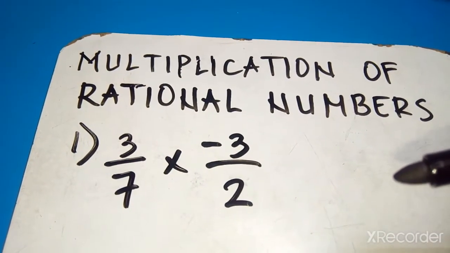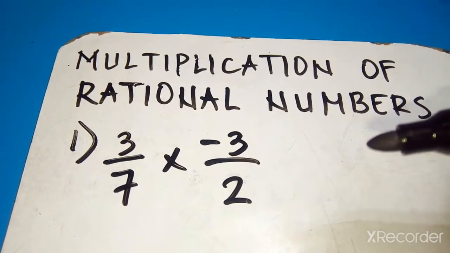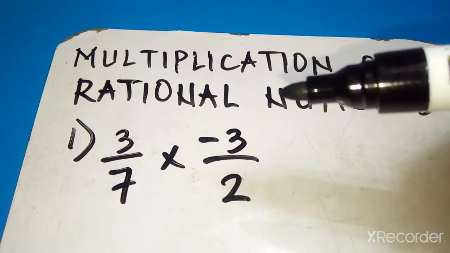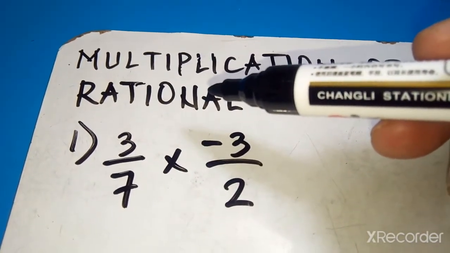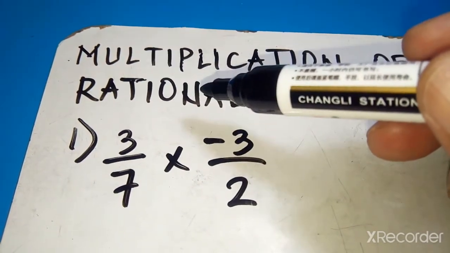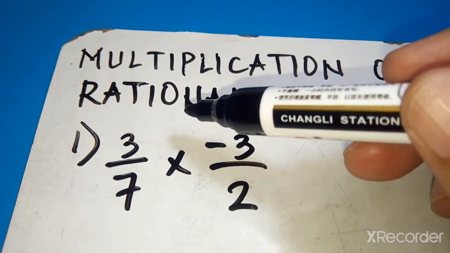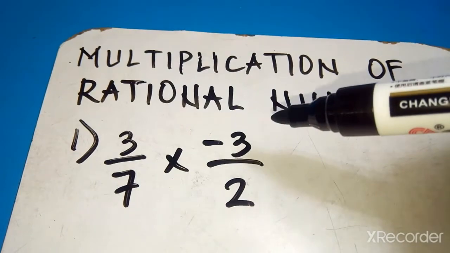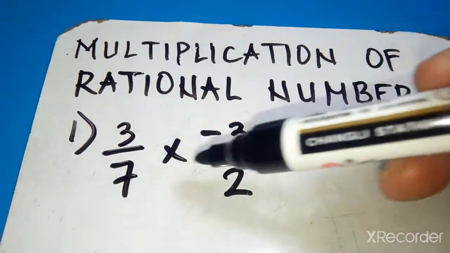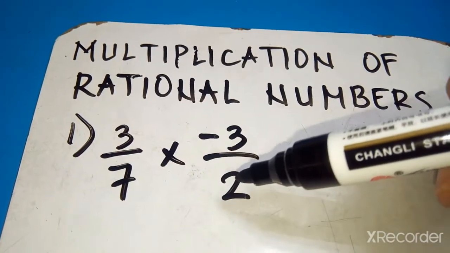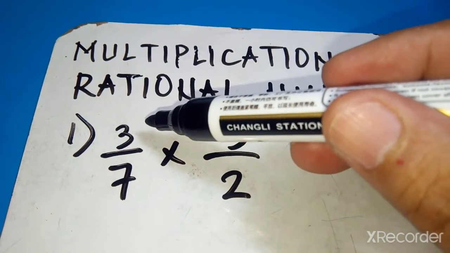But before applying that concept, we first analyze if we can apply cancellation. Okay, so meaning we cannot apply cancellation, so we can directly multiply numerators by numerators and denominators by denominators. This time let's multiply the numerators.